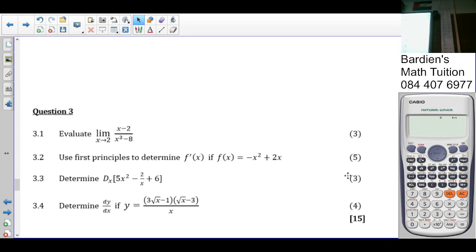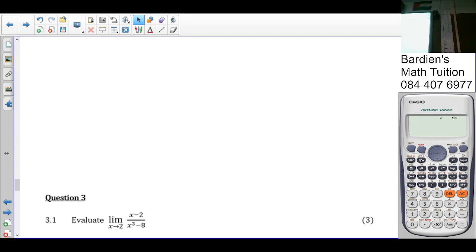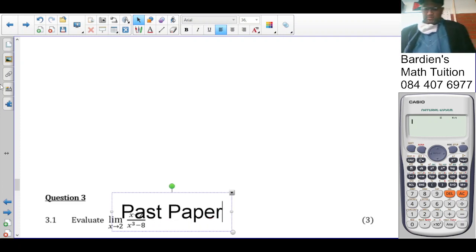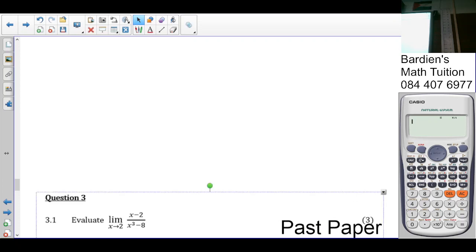So to apply the limit here, let's put up your past paper. Okay, so we have the limit as x approaches 2.